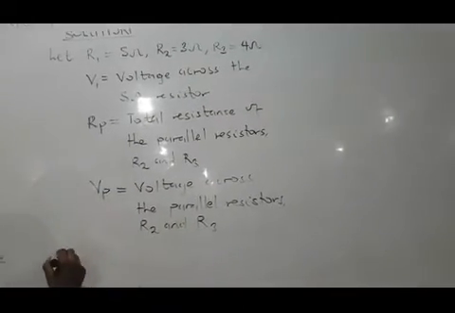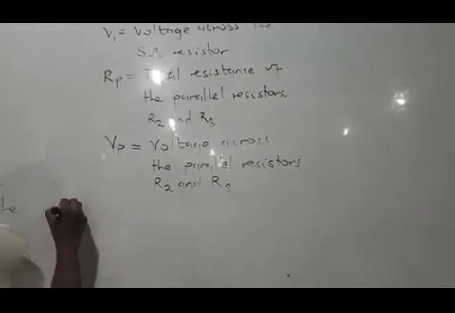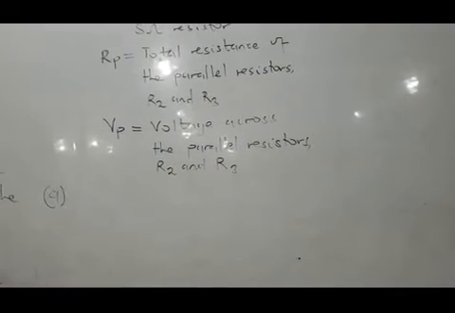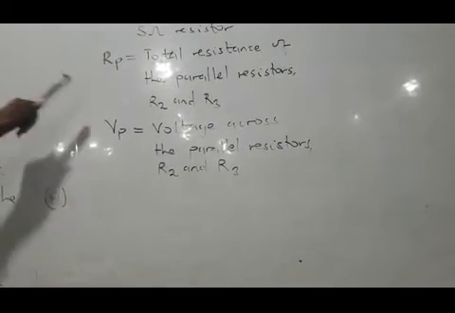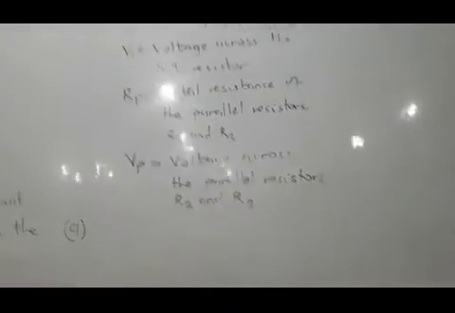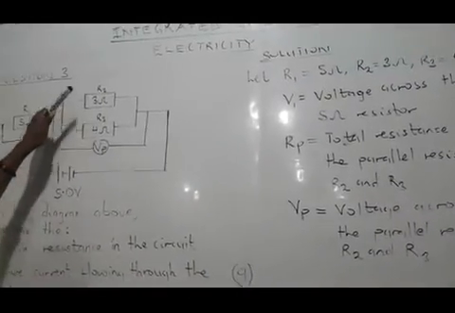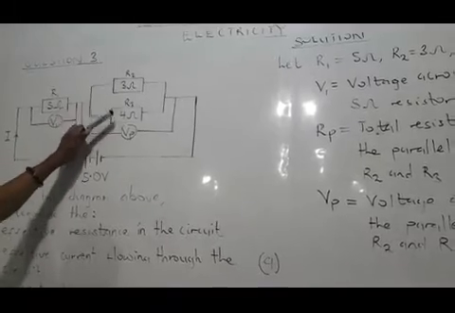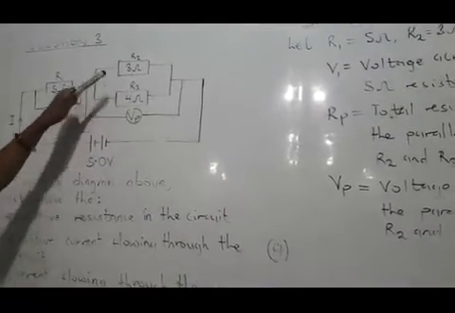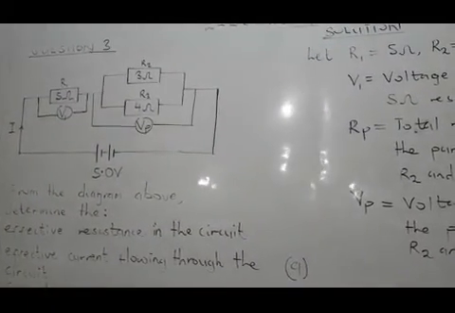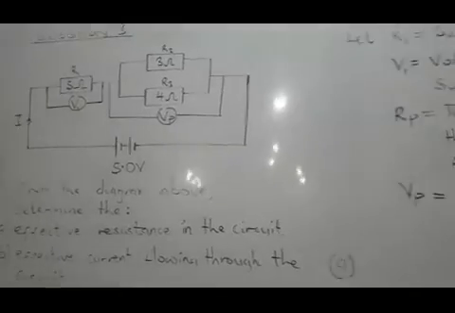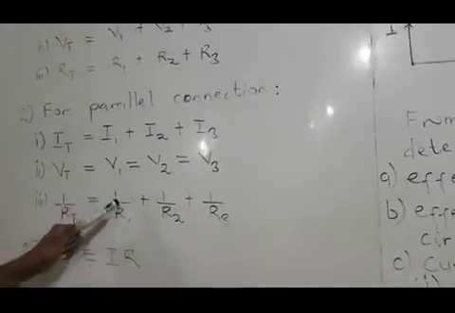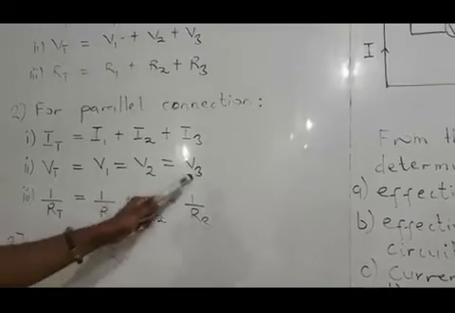Now, for question A, we are saying that RP is the total resistance of R2 and R3, which are in parallel connection. To find the total resistance for resistors in parallel, this is the formula: 1 over RT is equal to 1 over R1 plus 1 over R2 plus 1 over R3.